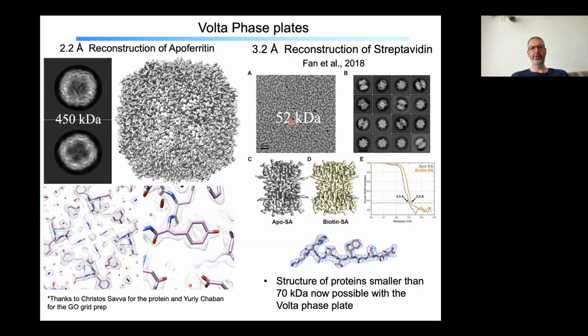So this is just the structure of streptavidin, a 52 kilodalton protein solved to 3.2 angstroms with the faceplate. When I started EM, this was impossible. Even 450 kilodalton structures were pretty tricky depending on them, but these days they're easier. I'm just showing this as an example because this is one of the things we tested our faceplate with.